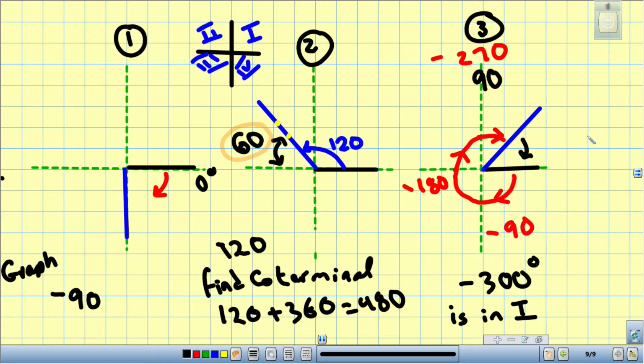I see multiple users typing, so I'm going to give you a few seconds. What is that angle that takes you from this terminal all the way to the closest x-axis?